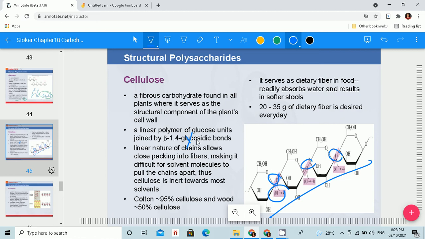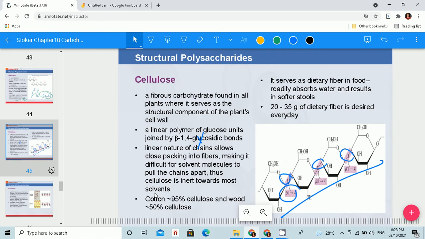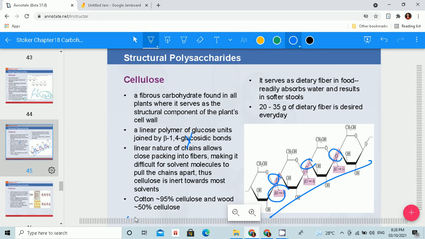It's only 50%. Okay, class. So the sugar we find in wood is cellulose. In plants, it's cellulose. That's why even paper, which came from wood, is 50% cellulose.